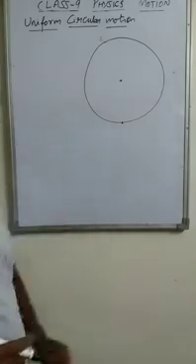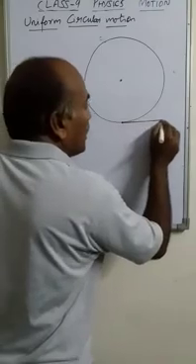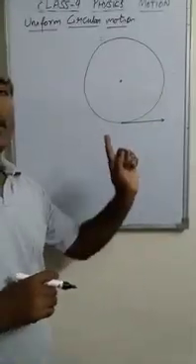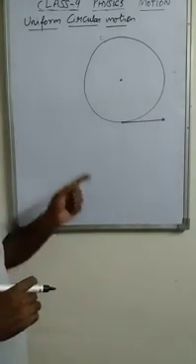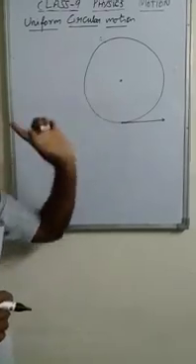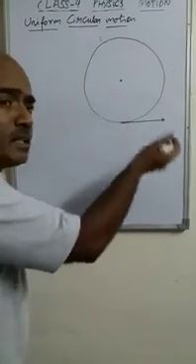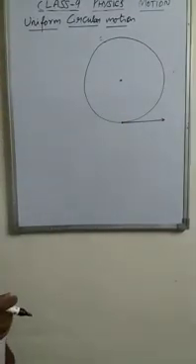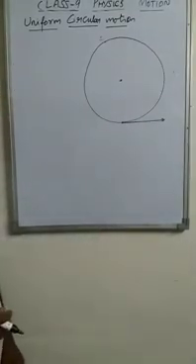At this particular instant, we say the direction is here. At this instant, it is moving along this direction, that is along a straight line. But due to some force acting on this object, the direction changes in the next moment. Then again the direction changes in the next moment.